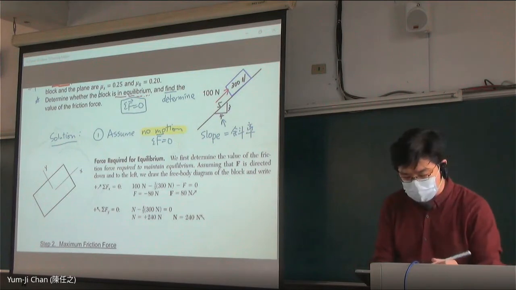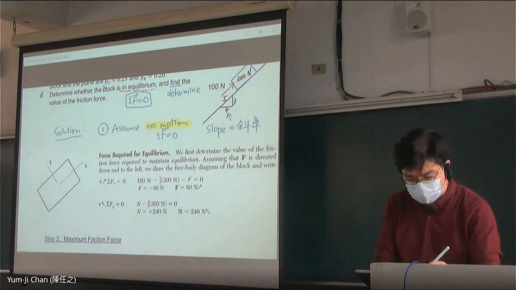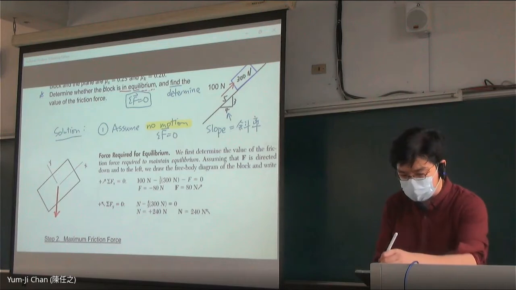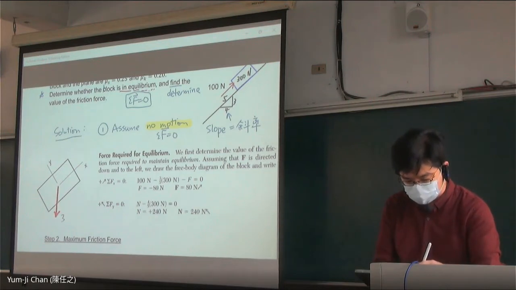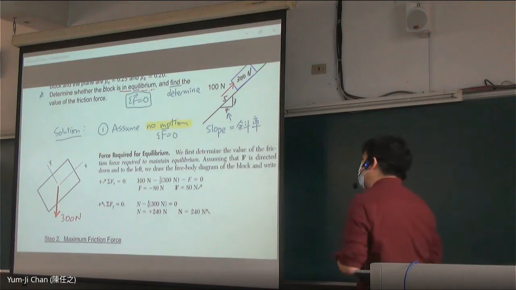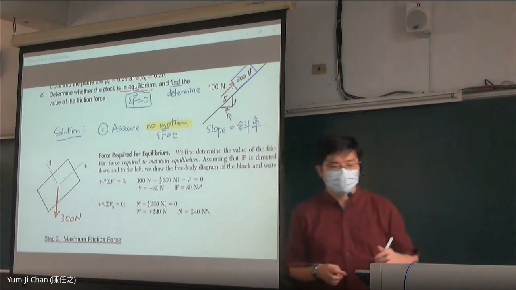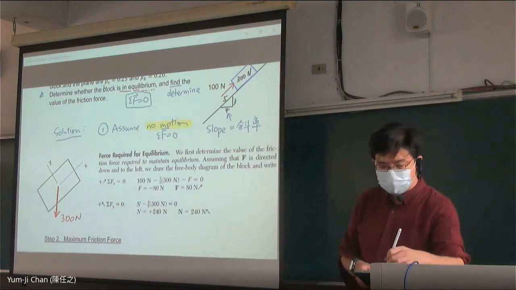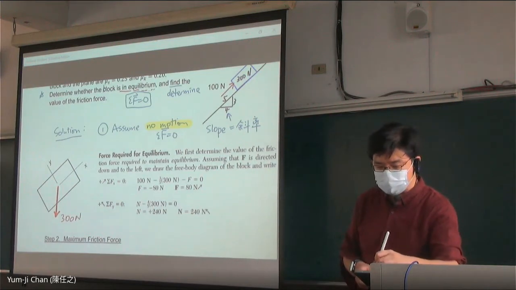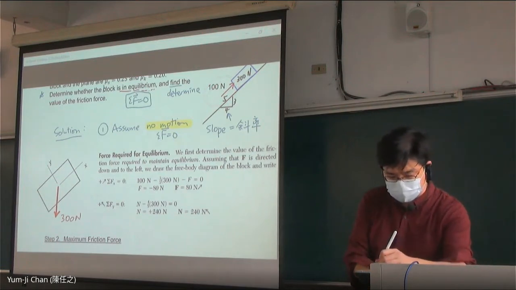And what forces do we need to draw here? So we have the weight of the block, 300 Newton. Any other forces? And in the question we have 100 Newton pushing up, so we have 100 Newton going up here.